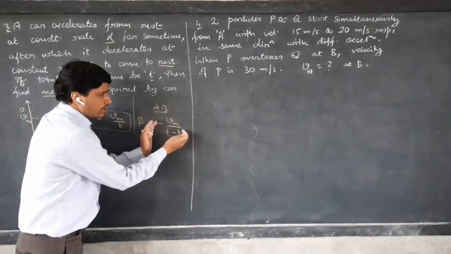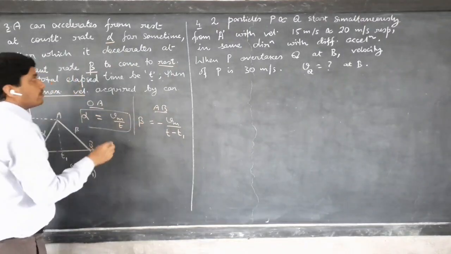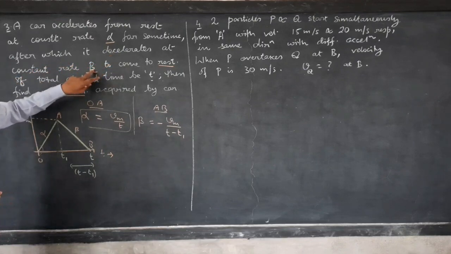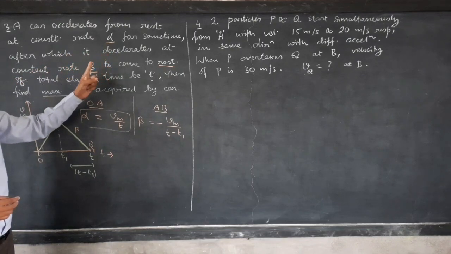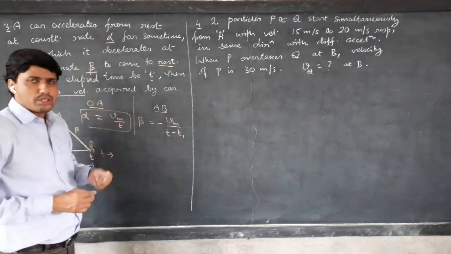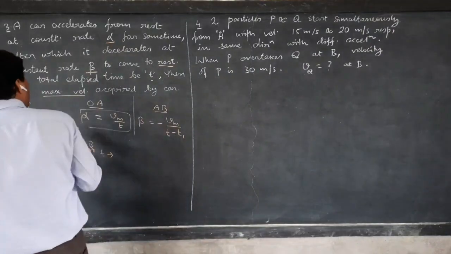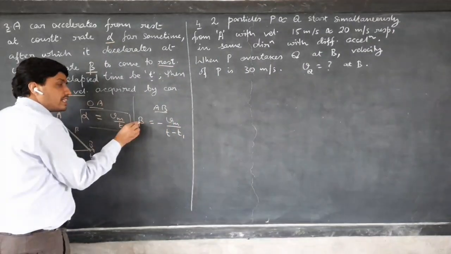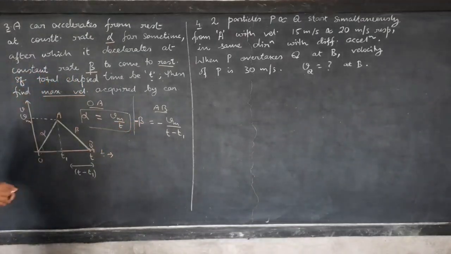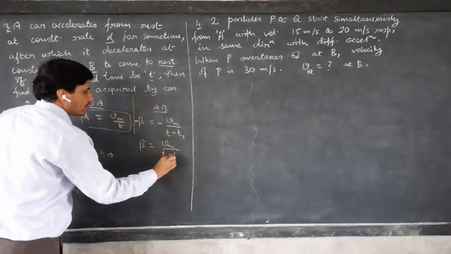What we have expressed here is the value of acceleration. Now beta, the parameter given in the question, is the rate at which it decelerates. If a body decelerates at rate beta, it is equivalent to saying it accelerates at rate minus beta. So the slope gives acceleration, but this is the retardation, so to make it acceleration, I'll write minus beta. This gives us beta is equal to Vm upon t minus t1.